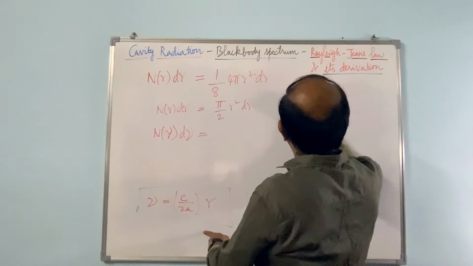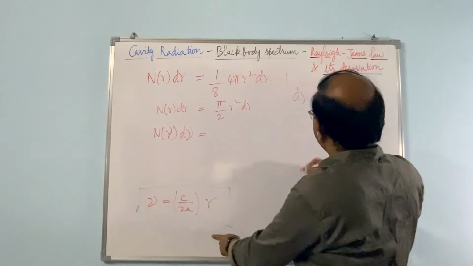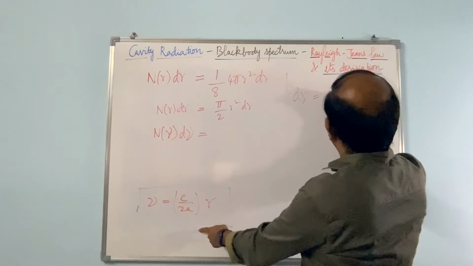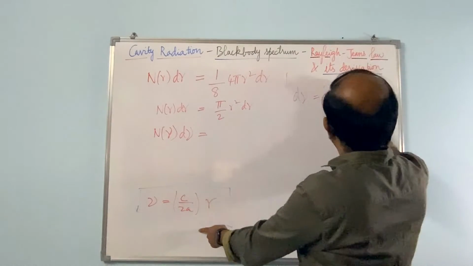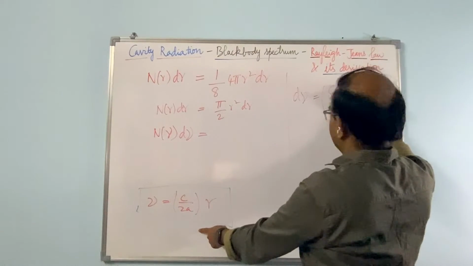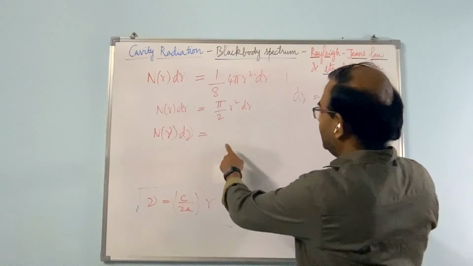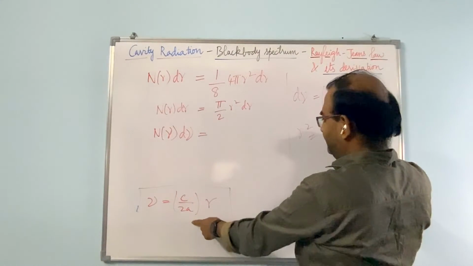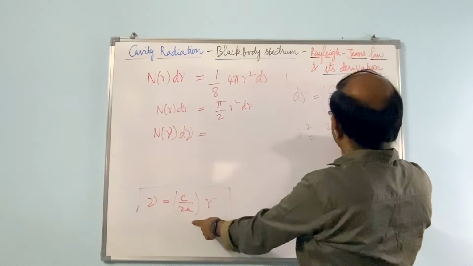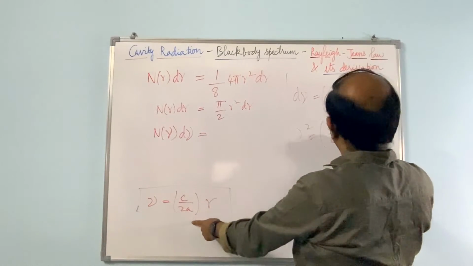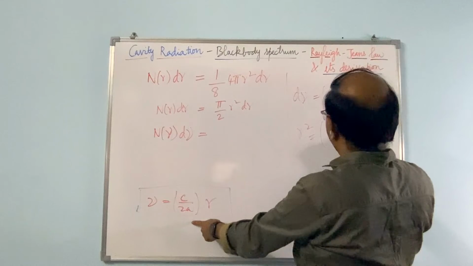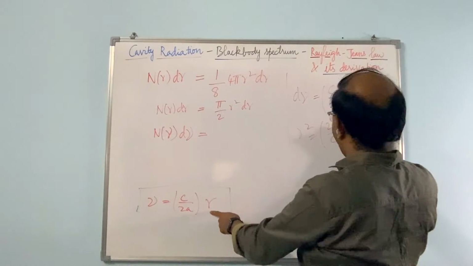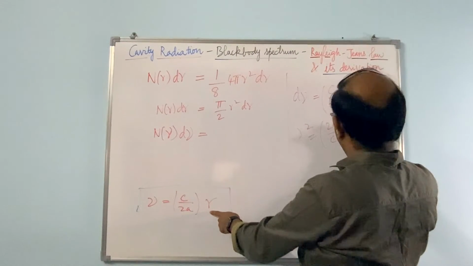So d nu from this is the constant c over 2a times dr, and r squared would be from here 2a over c whole square, nu square.